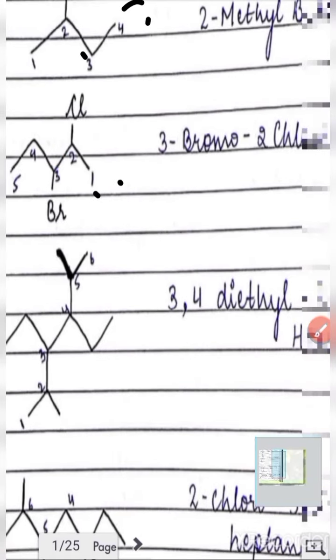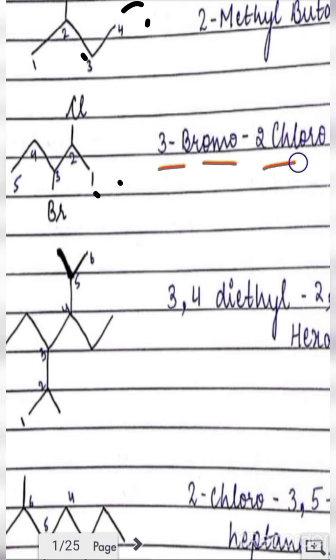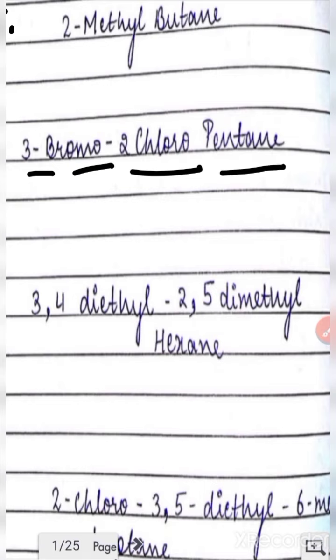So the name of the compound will be 3-bromo, 2-chloro. B comes first in alphabetical order, so bromo has been used before chloro. Pent is used because the parent carbon chain has 5 carbons, so pentane. 3-bromo-2-chloropentane.